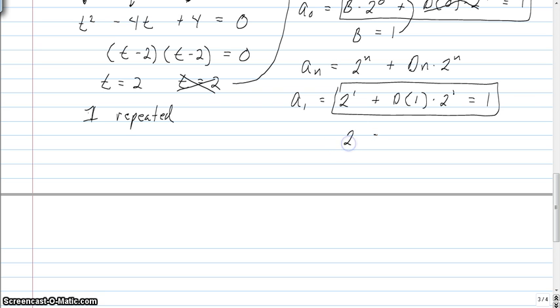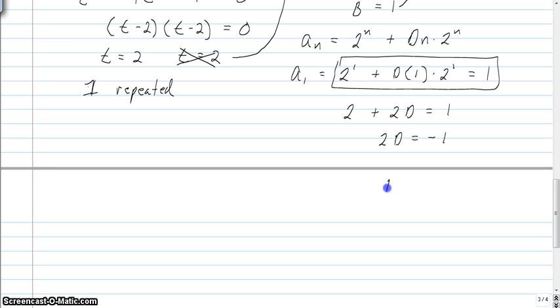So that's just 2 plus 2 times d equal to 1. And I'm going to subtract 2 from both sides. 1 take away 2 is minus 1. And that gives me then that d is minus 1/2.